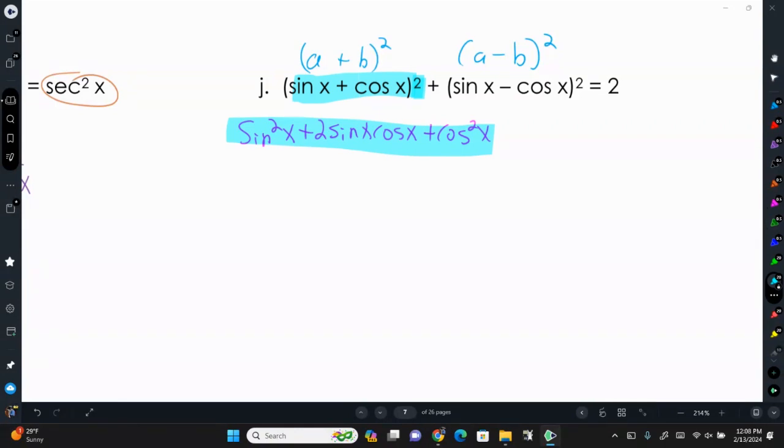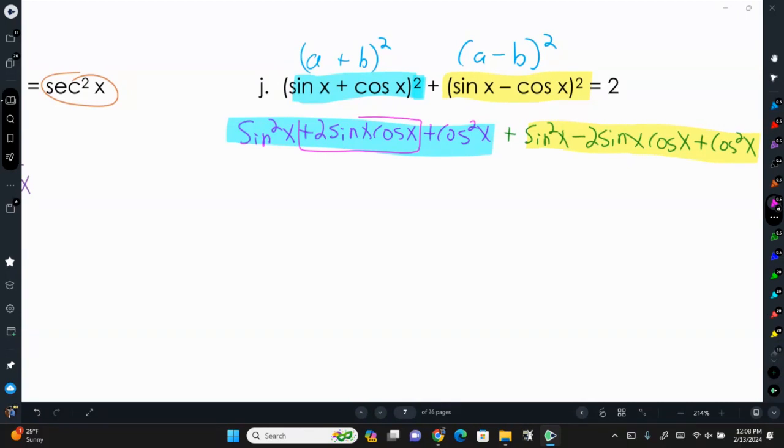Then for the other one, so plus sine squared x minus 2 sine x cosine x plus cosine squared x. That's what this is equal to. Well, if we combine our like terms, we have positive 2 sine x cosine x, negative 2 sine x cosine x.